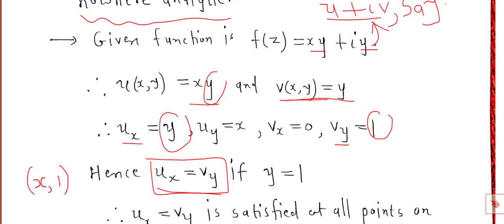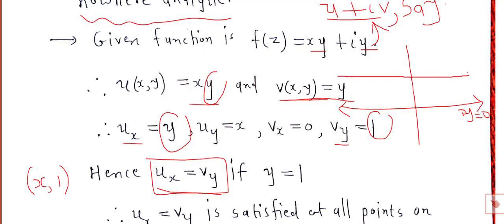So there are infinite number of points having y component equal to 1, and those points lie on the line y equal to 1. Suppose this is x axis, so that we can represent by y equal to 0. If this distance is 1, then this is the line y equal to 1, and on this line every complex number has y component 1.